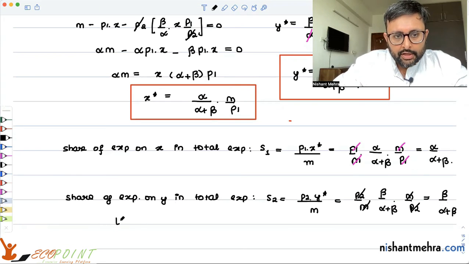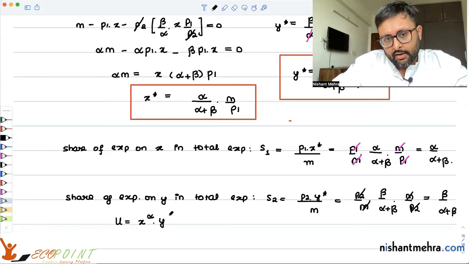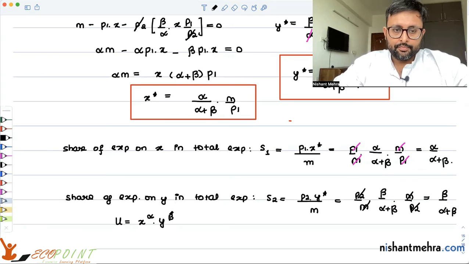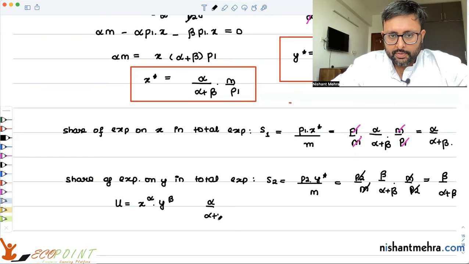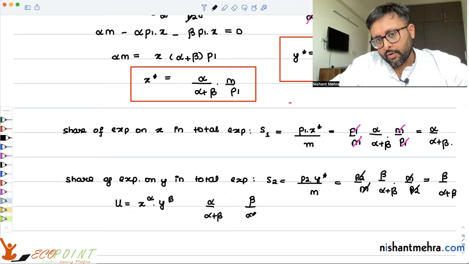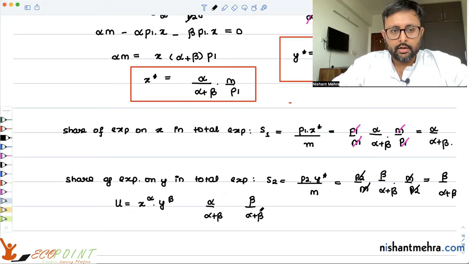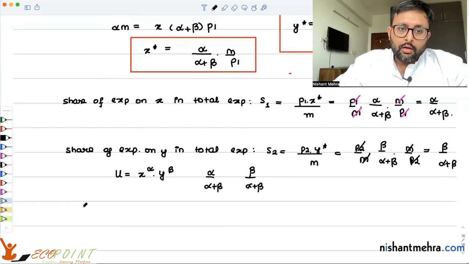So when you have a utility function like this, x to the power alpha, y to the power beta, what is the share of expenditure on x? That is alpha upon alpha plus beta. Share of expenditure on y, that is beta upon alpha plus beta.